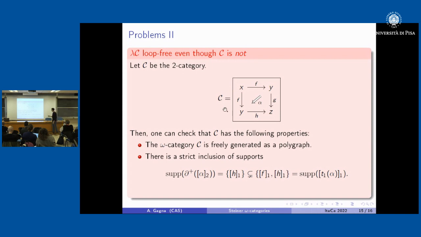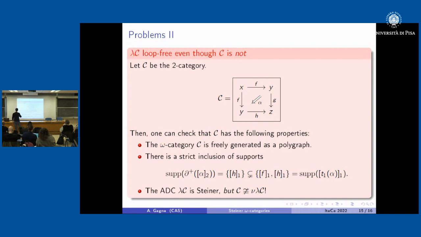In fact, the positive boundary of this class of alpha is just H, because F disappeared, which is different from the support of the target of alpha, which is F composed with H. So loop-free and basis are very badly behaved in the complexes.